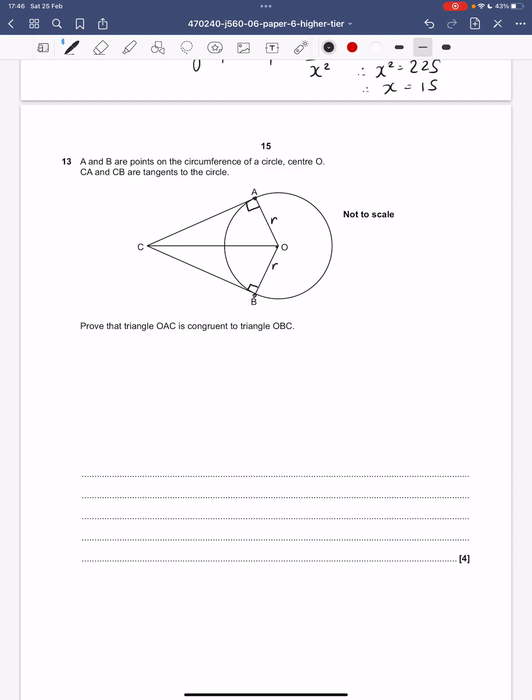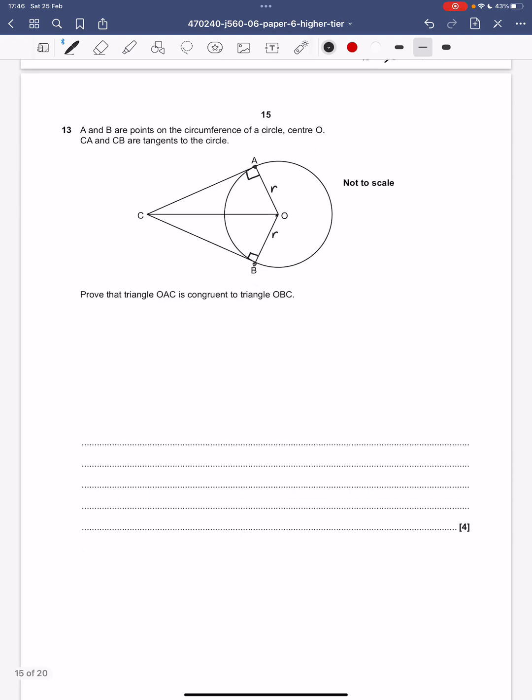Prove that OAC is congruent to OBC. That means that these two triangles, OAC, are exactly the same as OBC. So congruent is exactly the same. The other word that comes up is similar, and that's when one's an enlargement of the other. We don't need that one today.